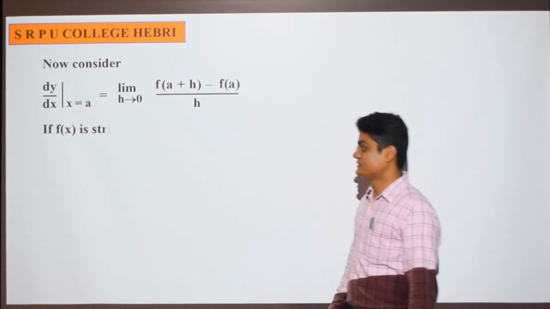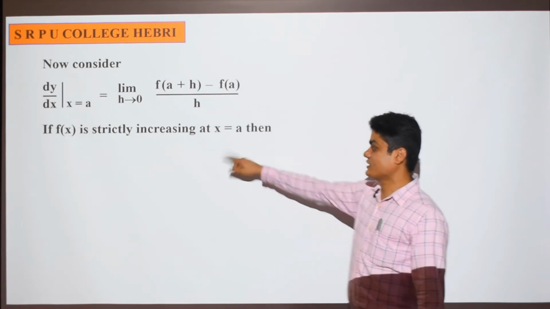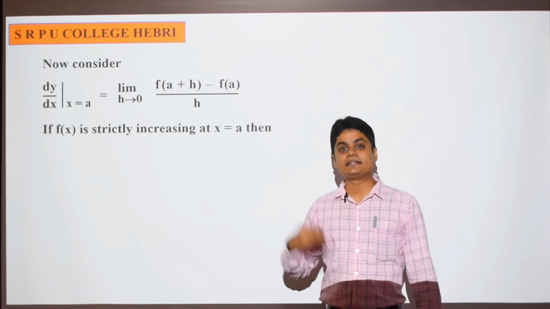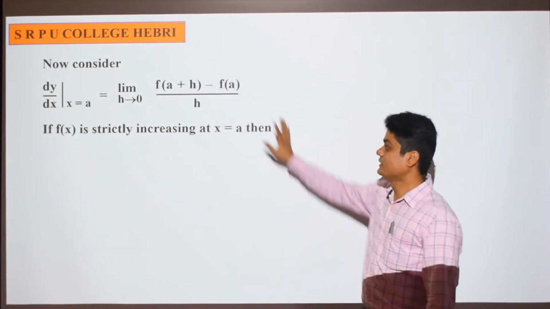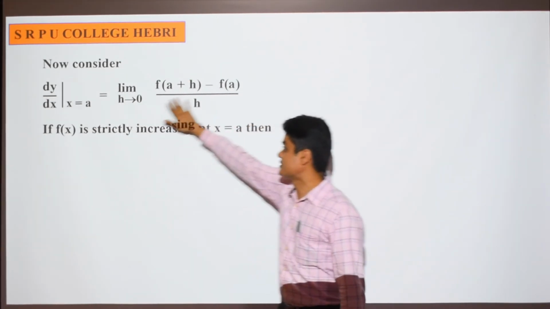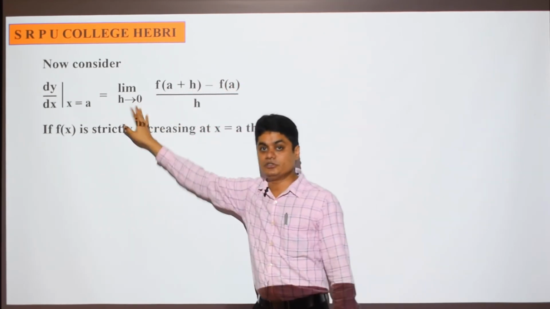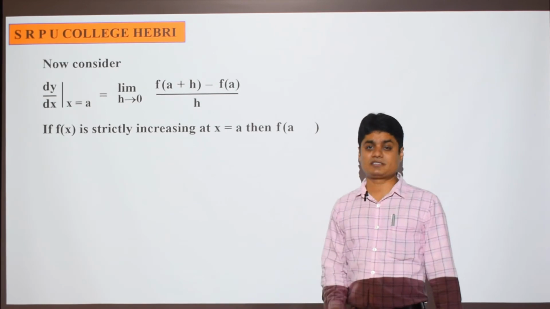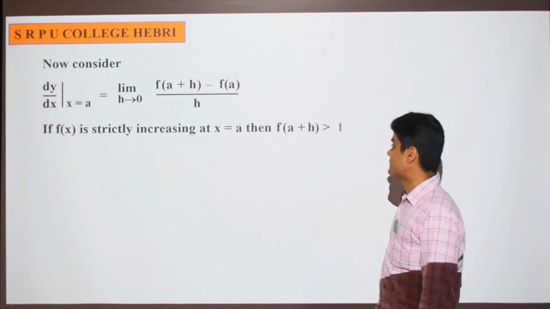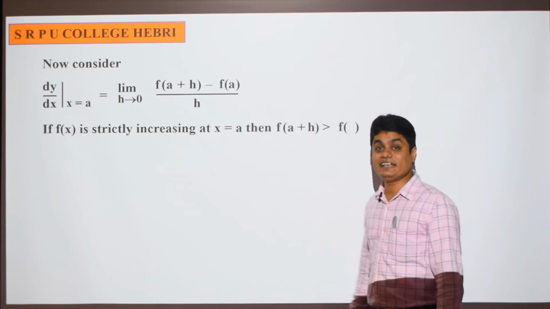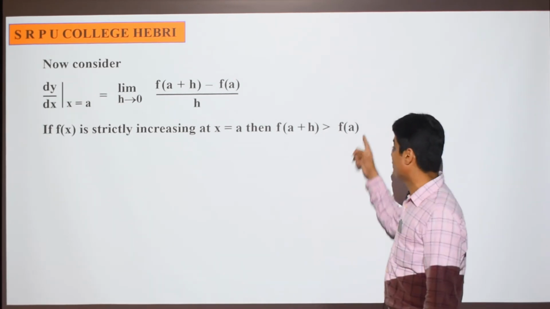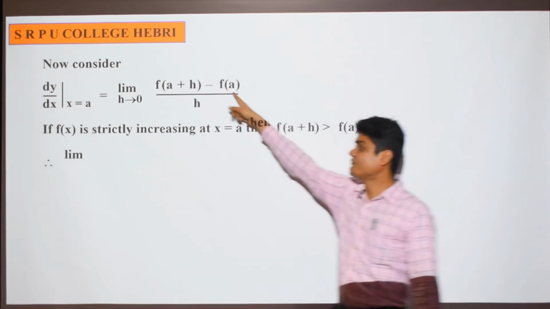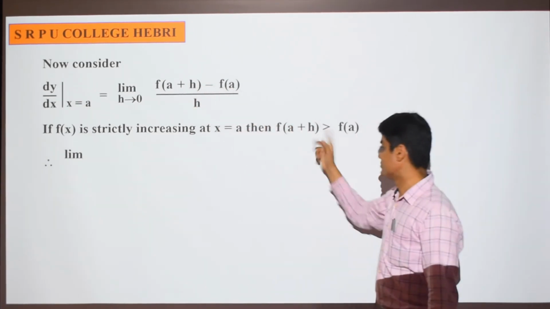Okay, say this. Consider a function which is strictly increasing at x equal to a. If f of x is strictly increasing at x equal to a, then let us see what will happen to this expression. See this. According to the previous slide, f of a plus h is greater than f of a, or f of a minus h is less than f of a. ಅದು ಬೇಕಾಗಿಲ್ಲ, because f of a minus h ಇಲ್ಲಿಲ್ಲ, ನಮಗೆ ಬೇಕಿರೋದು ಇದರ ರಿಲೇಷನ್.